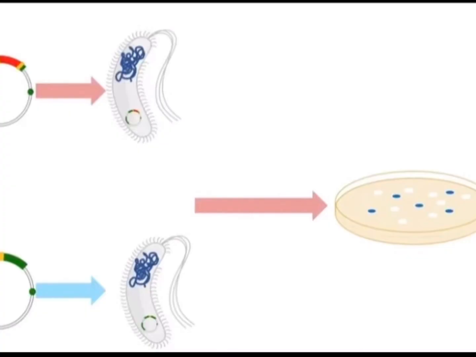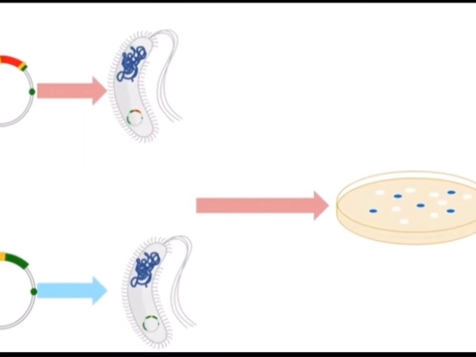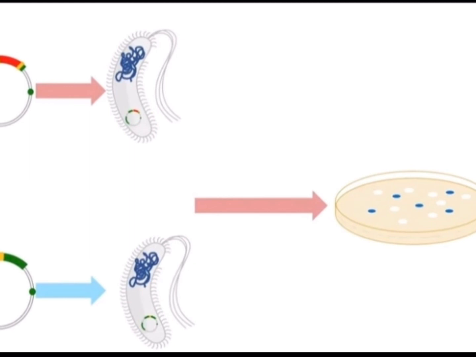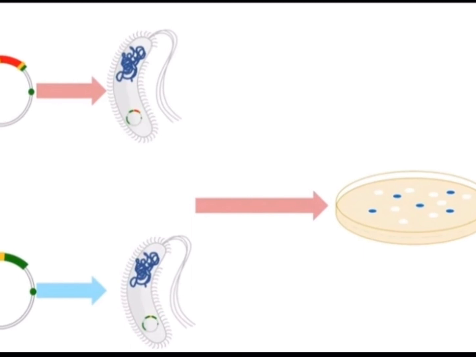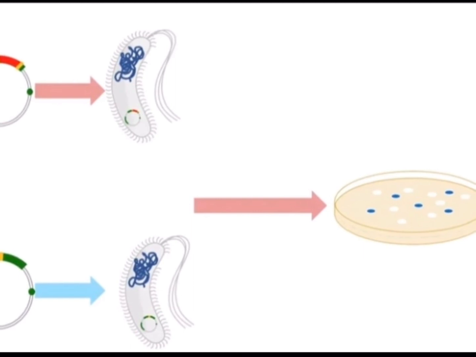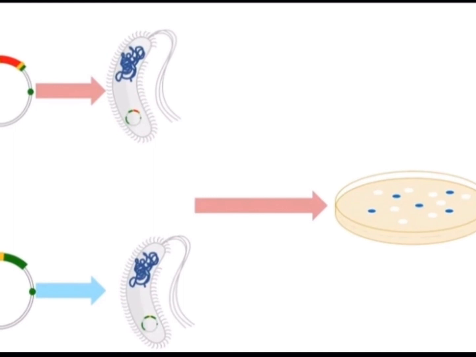See students, in the first case, the gene of interest, that is the red colored gene, has inserted. As a result, white colonies can be seen, meaning it has not produced that blue colored product because beta galactosidase is not produced, so chromogenic color is not produced. Whereas in the second case, there is the original lacZ gene that produces beta galactosidase, so you get a blue colored product, and that's why the bacterial colonies will also be blue.